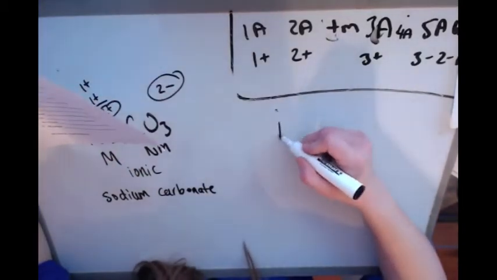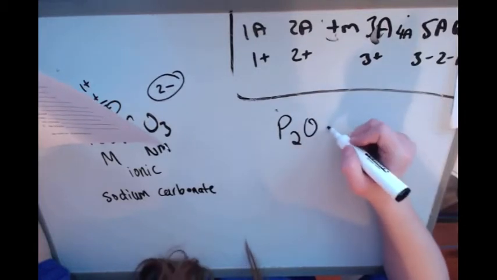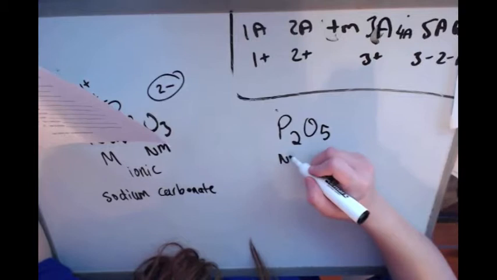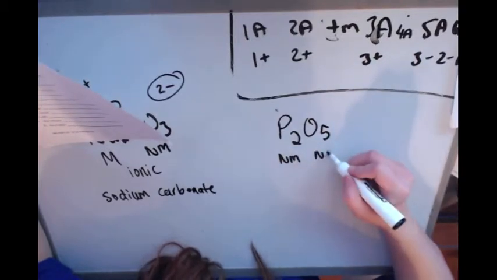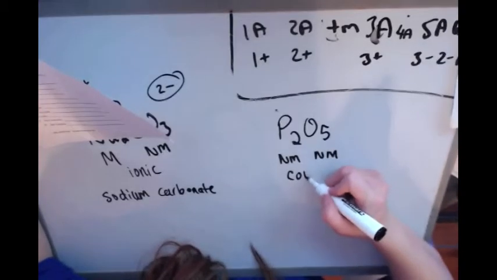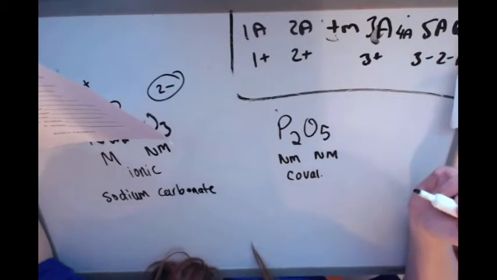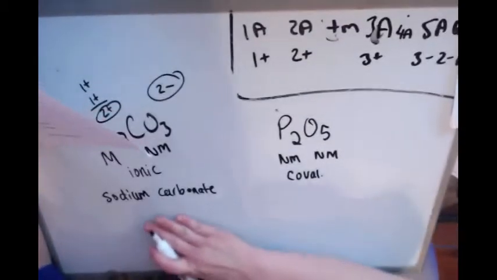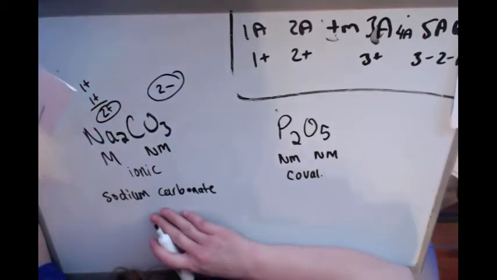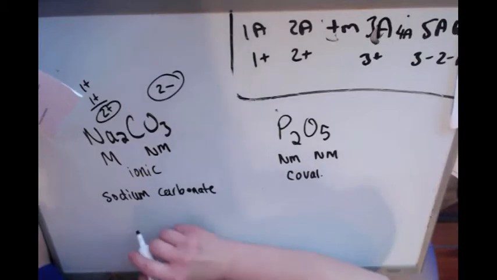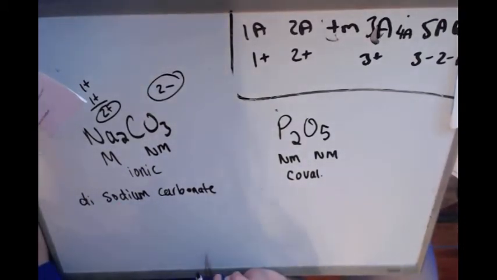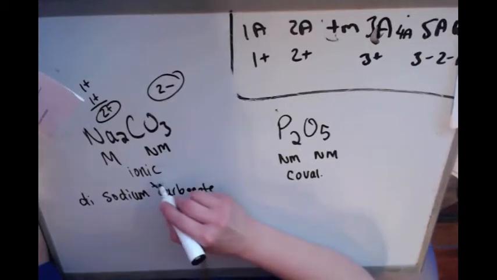Next on the list we have P2O5. Phosphorus is a nonmetal. Oxygen is a nonmetal. Therefore we have a covalent compound. So let me just backtrack real quick. With the ionic compounds, you don't have to write disodium carbonate or even disodium tricarbonate.